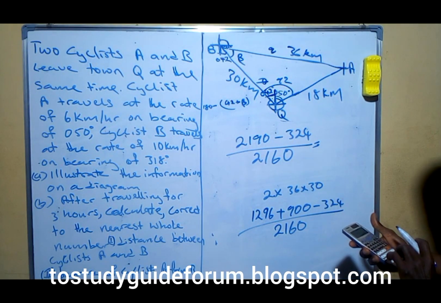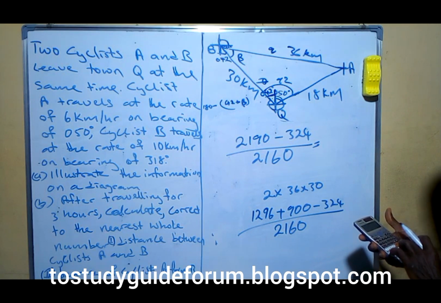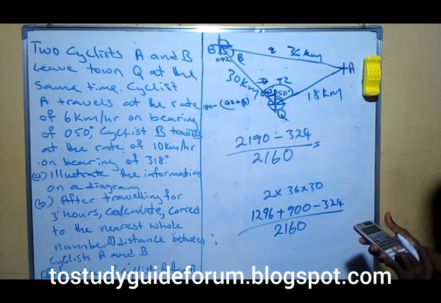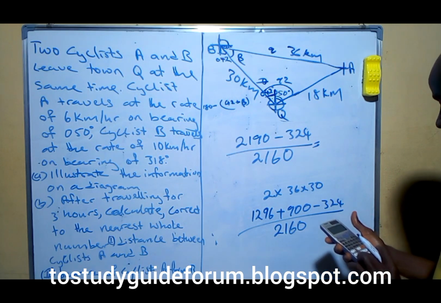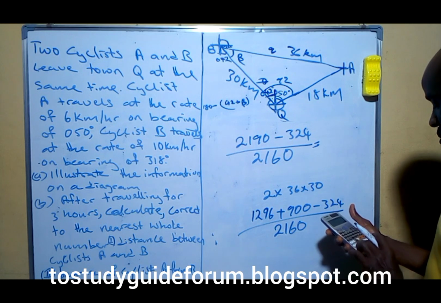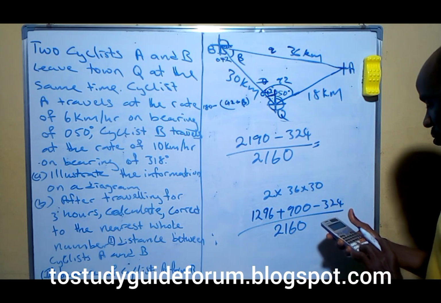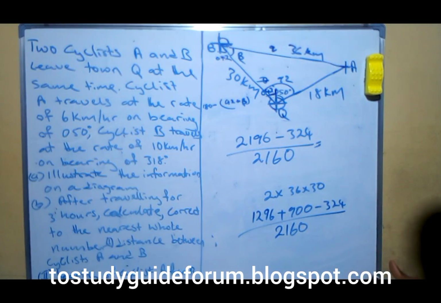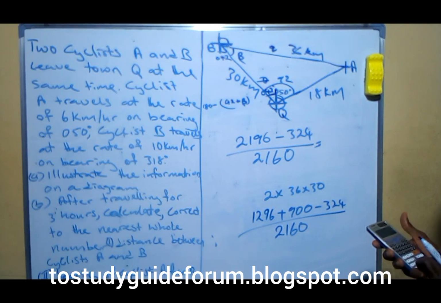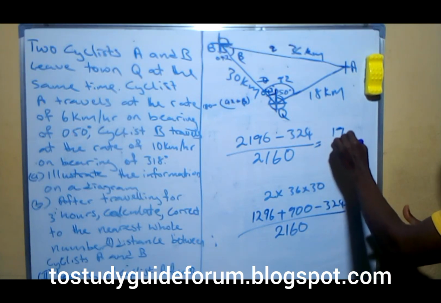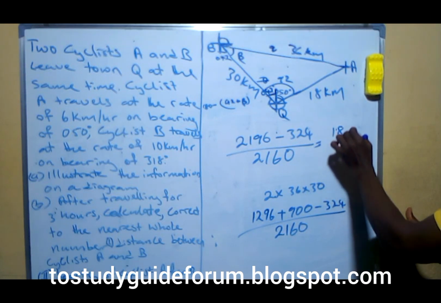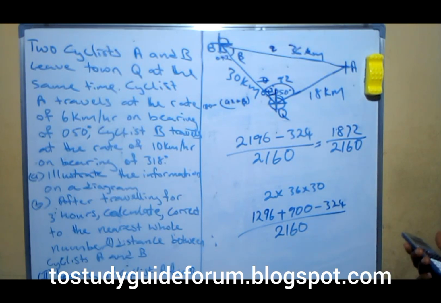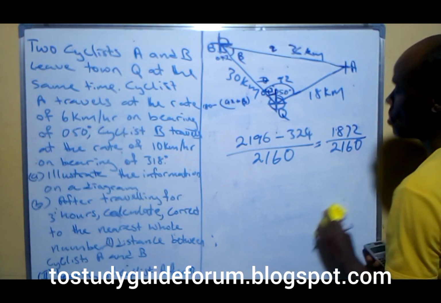So when we subtract, we have 1872 all over 2160.